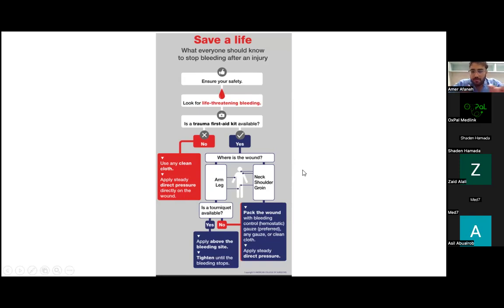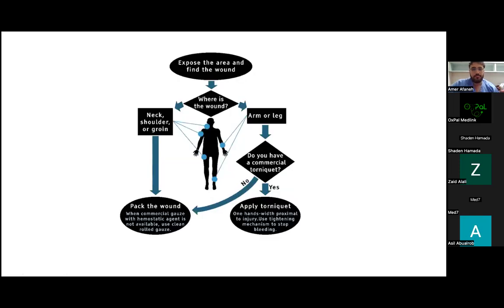The question becomes, where's the wound? Arm and leg: if a tourniquet's available and it's severe bleeding, put the tourniquet on and tighten until the bleeding stops, and get them to the hospital as quickly as possible. If we're talking about junctional areas like the neck, groin or shoulder, axilla, then packing the wound and holding steady pressure. These are available on their website.